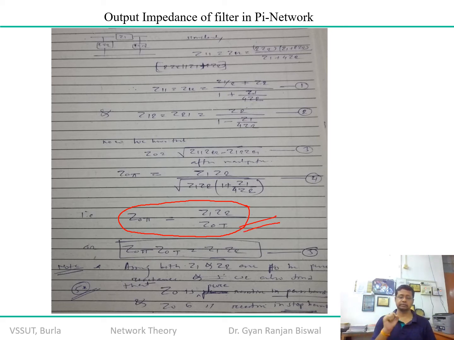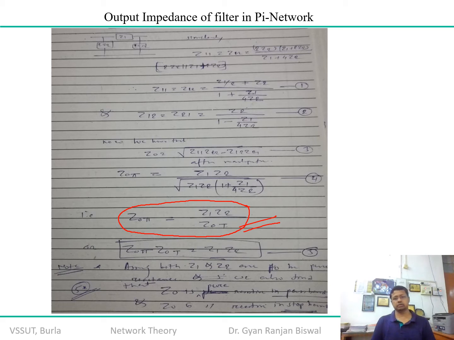That is why this statement proves that any pi structure of a filter and the equivalent T structure are always complements of each other, a dual of each other. Understand? Whether you consider the pi structure or T structure, you will always get the right hand side equal, that is the product of Z1 Z2.